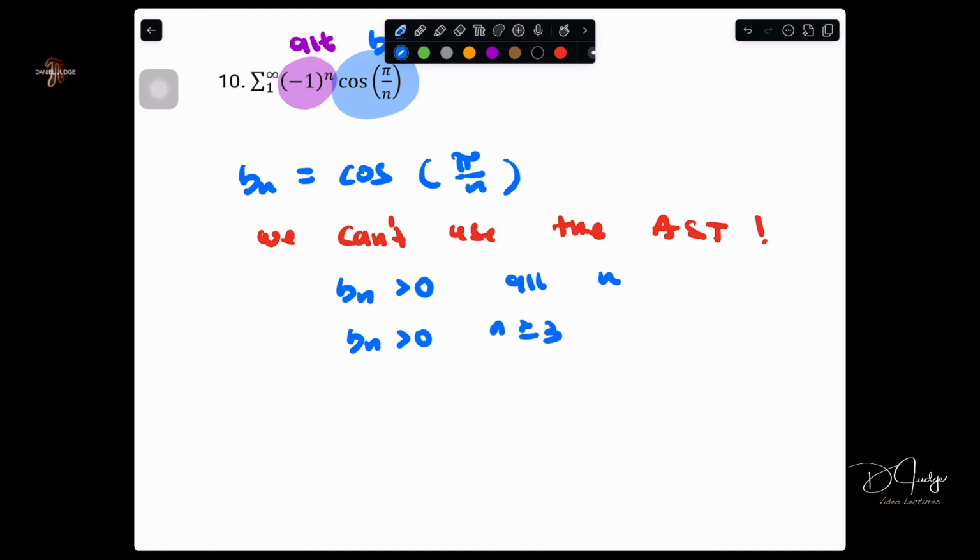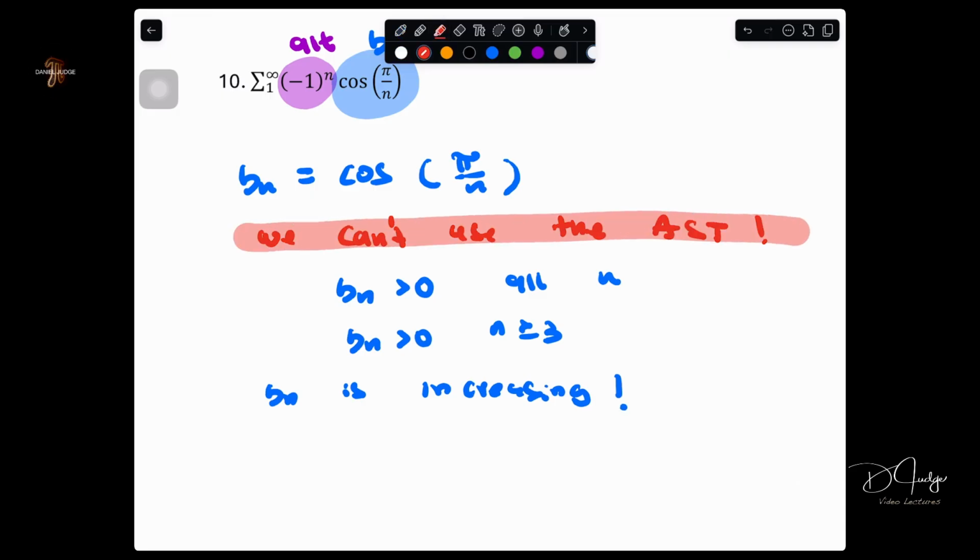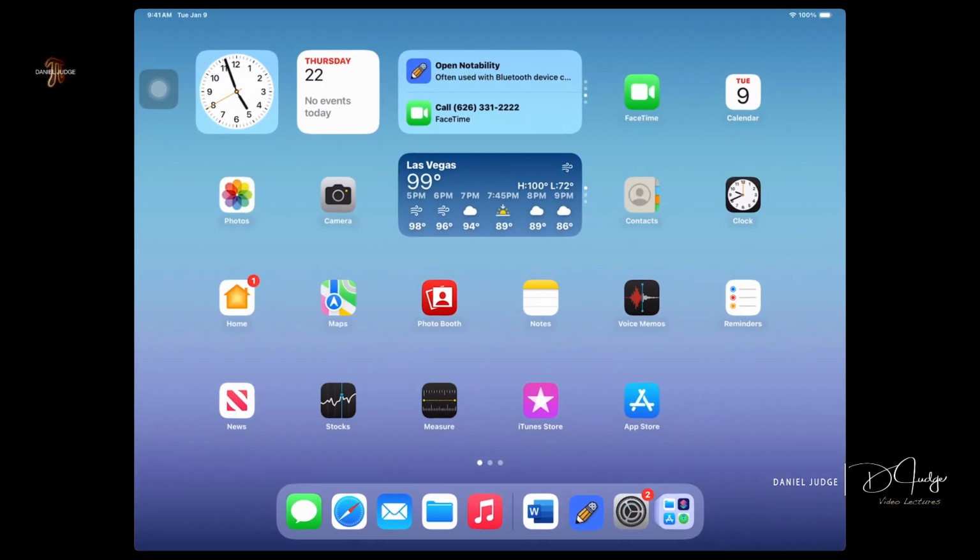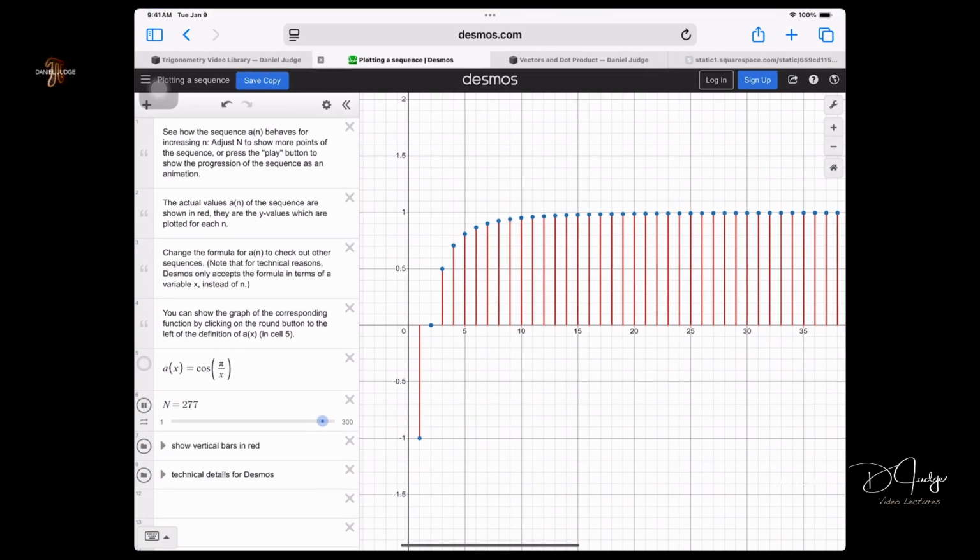However, it's not decreasing. So Bn is actually increasing. So we cannot use the alternating series test. Take a look at this. Again, just to emphasize that.